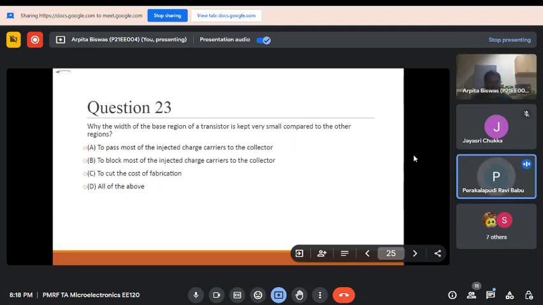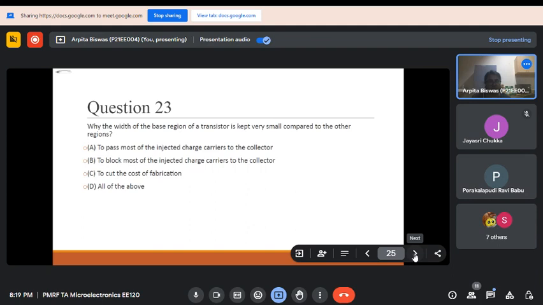It will act as a capacitor. Okay, and what about the recombination? Yeah, because of recombination, both majority and minority carriers are stagnant in the base. The current can't move from emitter to collector. Yes.